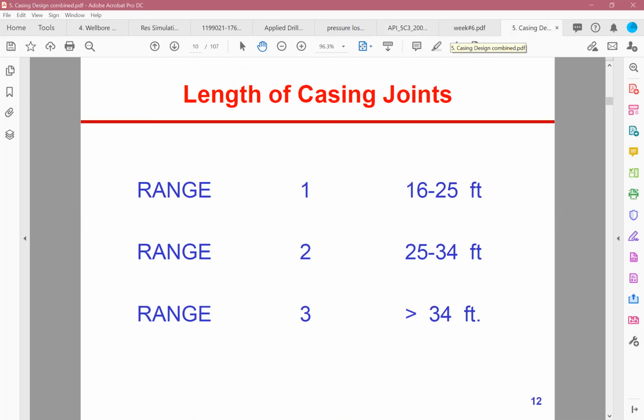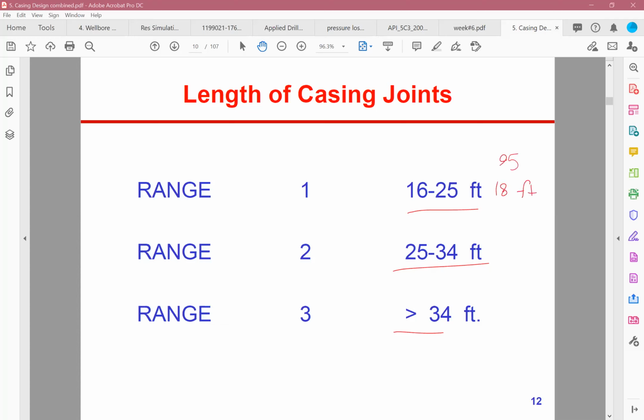Range of the casing: there are 3 ranges, 16 to 25 feet, 25 to 34 feet, and greater than 34 feet. So these are the ranges of the size of the casings. Of course, when a company creates a casing, it doesn't have a specific length. For example, if they make a range 1 casing, that means that in range 1, 95% of the pipe must have a length of 18 feet or larger.